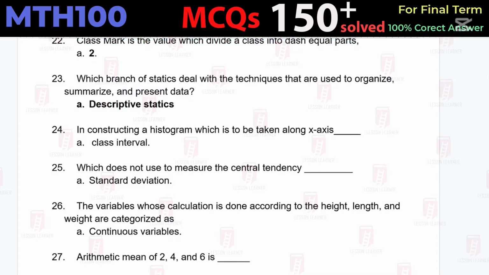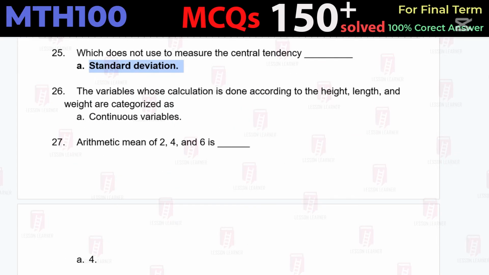Okay, next we have: in constructing a histogram, which is to be taken along the x-axis? Its class interval. Which does not use to measure the central tendency? Its standard deviation.